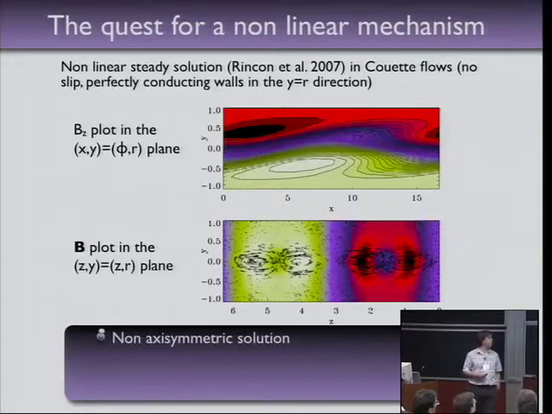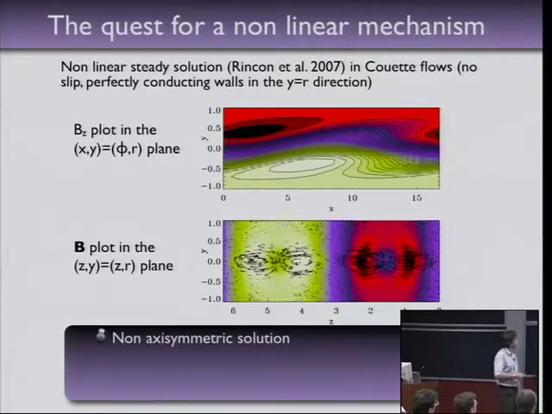So the first ingredient you need is, of course, a non-axisymmetric structure, because it's a kind of dynamo process. The second plot here shows you the magnetic field itself in the z-r plane. The colors correspond to the azimuthal field and the arrows to the poloidal field. What you can see quite clearly in this plot is that you have a large-scale structure for B phi.